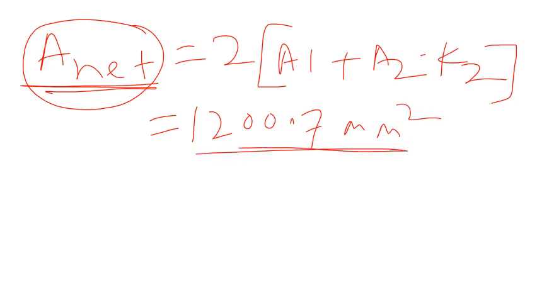So this is slightly more than what we calculated or what is required, that is 1200. So we are good. It is on the edge but slightly more or equal to that, so we are good. So our design will be safe, right?